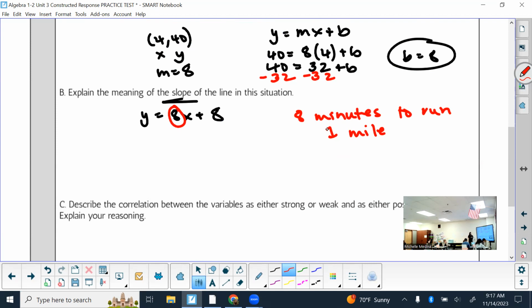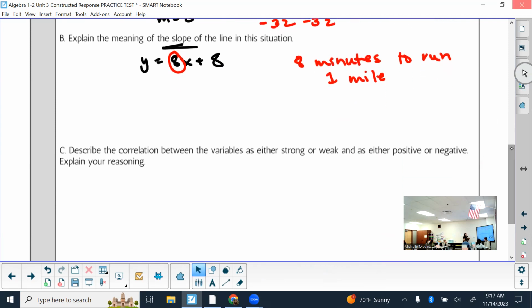For C, describe the correlation between the variables as either strong or weak and either positive or negative. So looking at the graph on your paper, I don't want to scroll up again. Would you say that it's strong or weak? And how do you know it's strong?